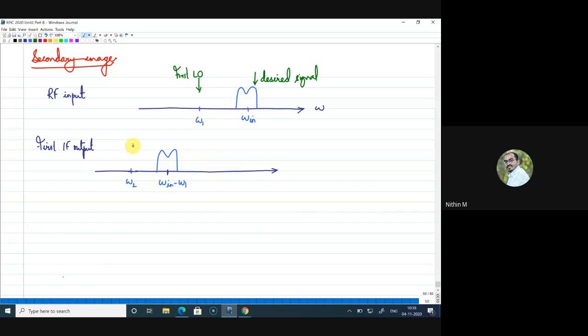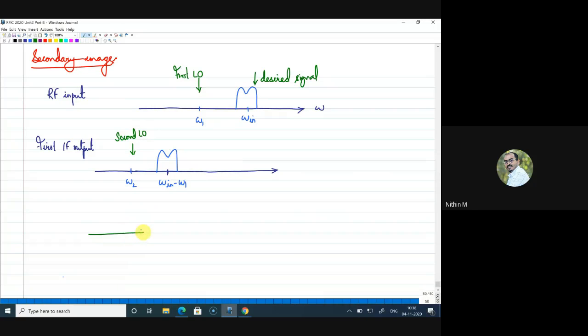Let me mark this as the second LO, which is smaller than omega in minus omega 1, right?